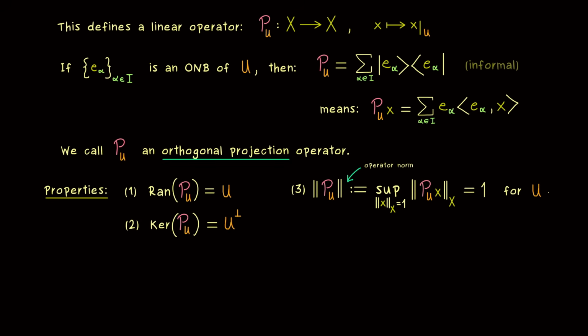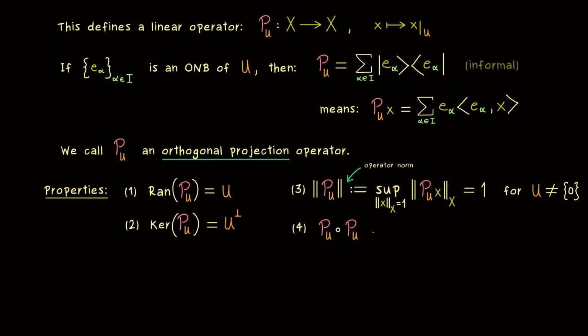However, there's one exception here, namely when we project everything to the 0 vector. So in the case that U is this trivial subspace here, then the operator norm of P_U would be equal to 0. And this is the only exception, otherwise we always have the operator norm given as 1. And now the last property here is telling you what happens when we apply P_U several times.